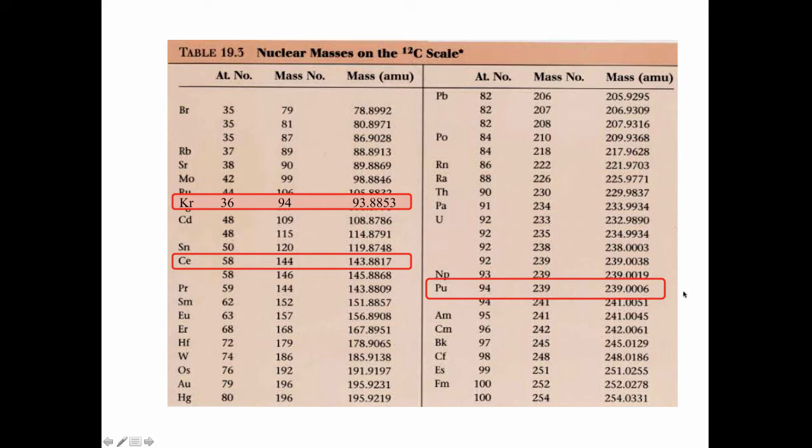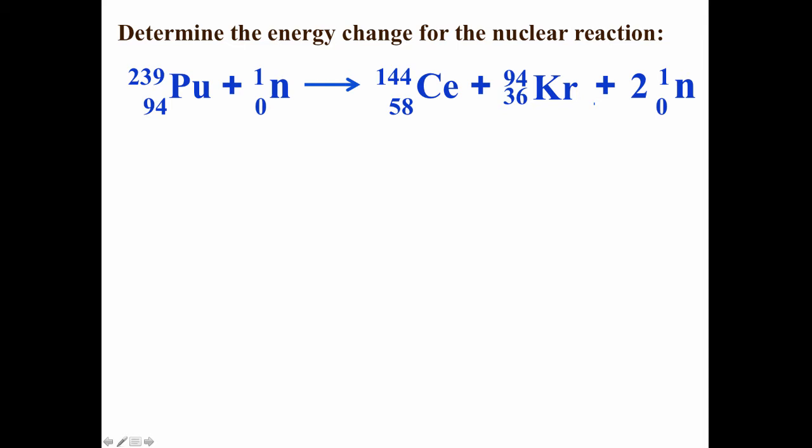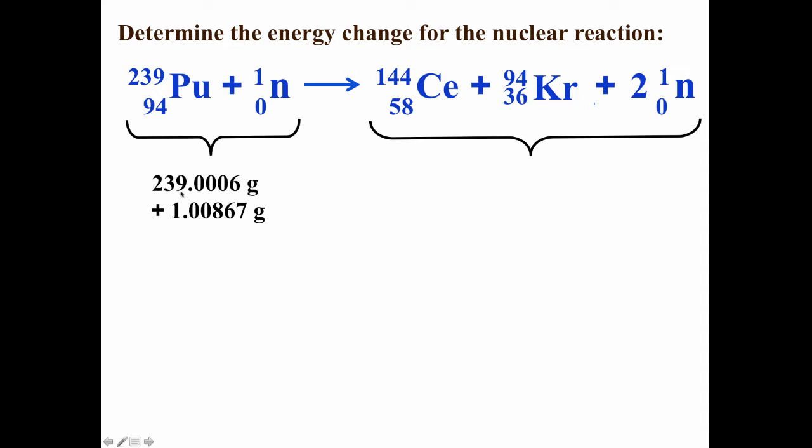These are values we can look up on tables or might be given to you in a problem if you're supposed to solve it. And then this is pretty much what we've done before, and it's actually even a little more straightforward. Energy change for this nuclear reaction. The plutonium 239 plus the neutron have a total mass that we can add up these two particles.